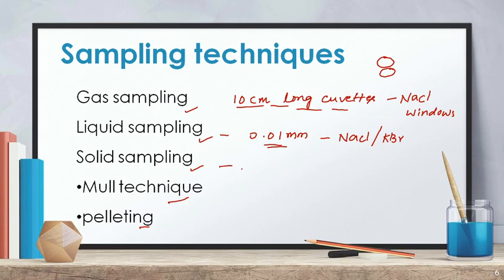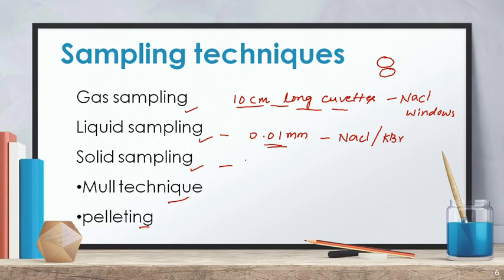Most organic compounds absorb extensively in the mid-IR region. Mid-IR region means 4000 to 667 centimeter inverse, so it becomes difficult to find a suitable solvent whose signal would not interfere with those of the sample.